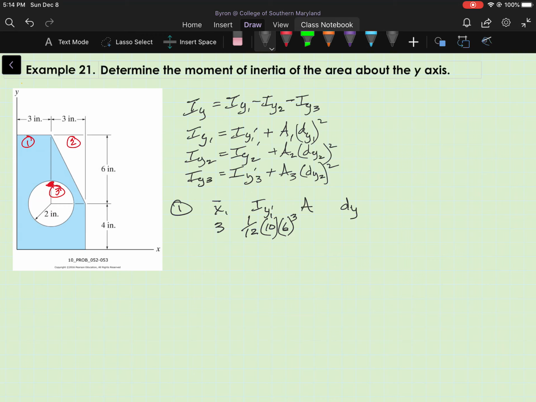The base of the rectangle is 6. The area of the rectangle is 10 times 6, and the distance from the y-axis to the y prime axis, or to the centroid, is 3.